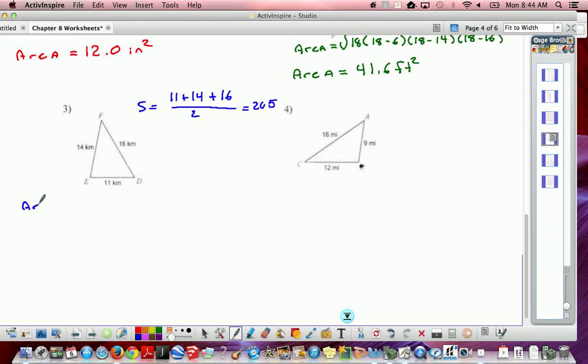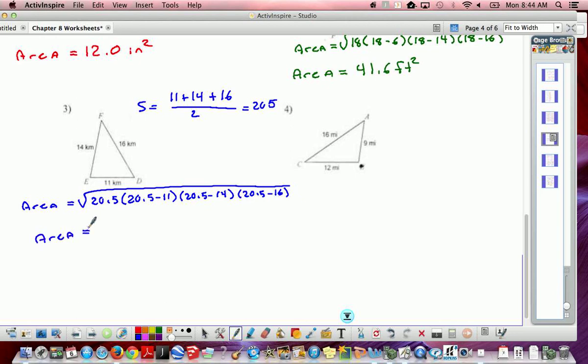So to find my area, we're going to take the square root of 20.5 times 20.5 minus 11 times 20.5 minus 14 times 20.5 minus 16. So type that into our calculator. My area ends up being 75.5 kilometers squared. It's a big area.